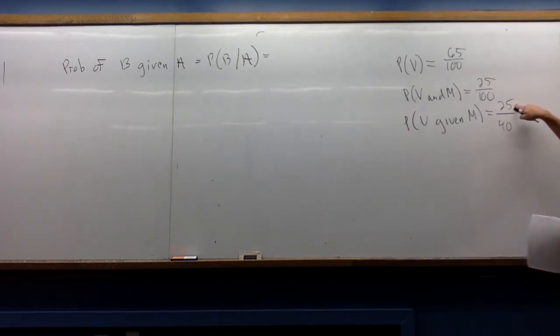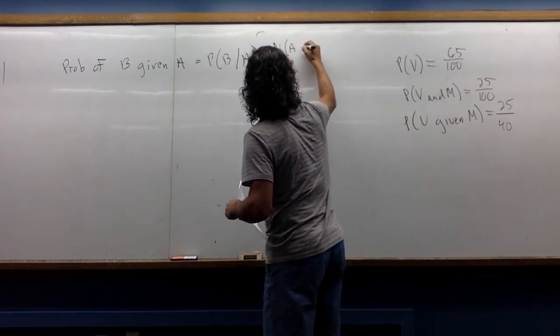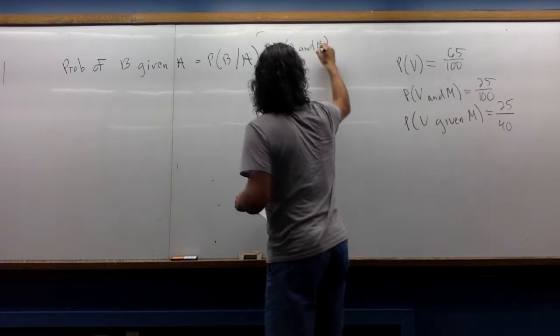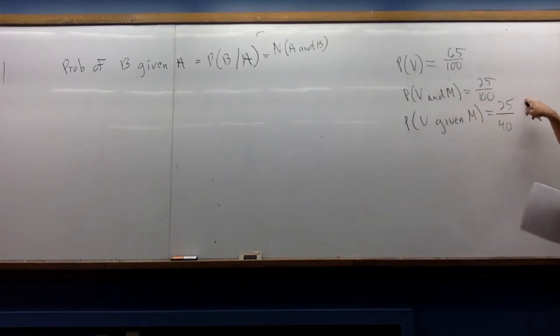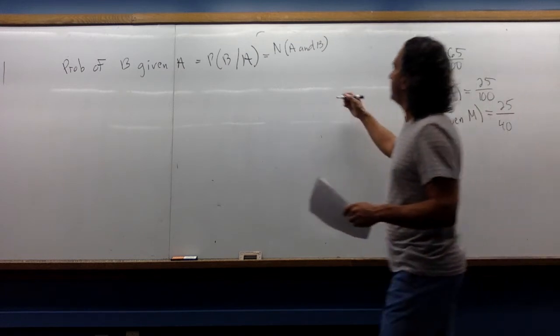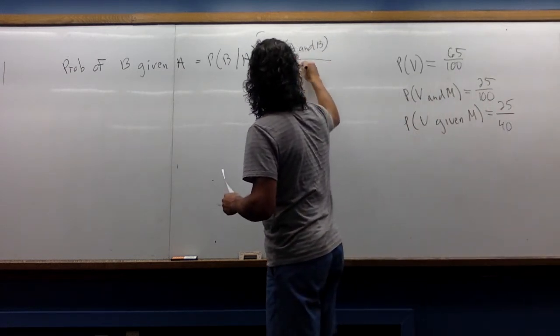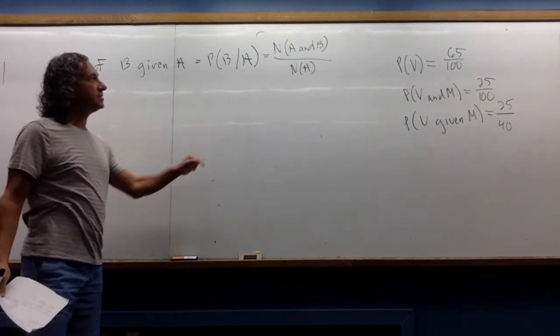We took the total number in the intersection, the 25, which we denoted as the number of A and B. There were 25 vegetarians and males. And we divided that by the size of the reduced sample space. Given that A has occurred, this is a reduced sample space.